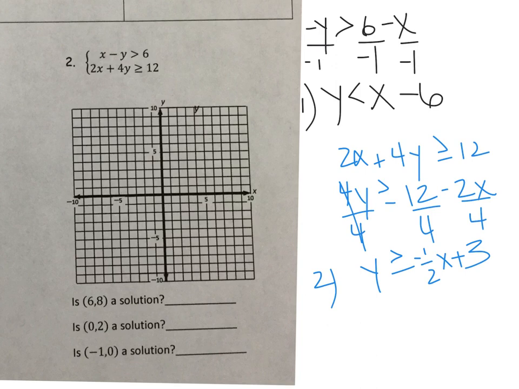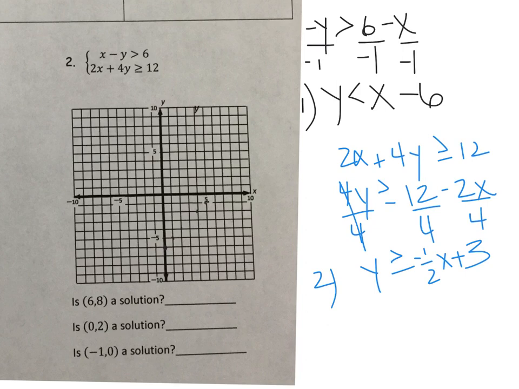So y is less than x minus 6. Well, -6 is my y-intercept. So I'm going to go down to -6, and my slope is 1. So I rise 1, run 1, rise 1, run 1, rise 1, run 1.